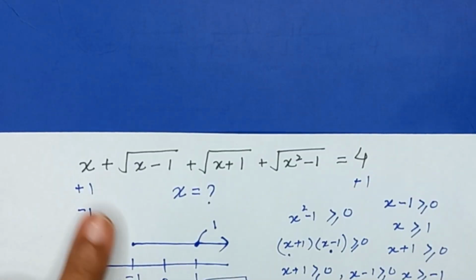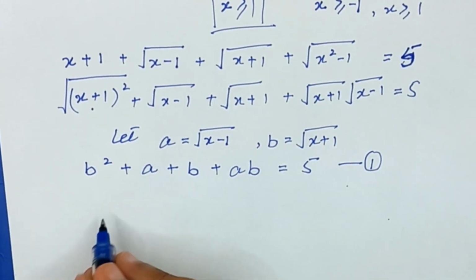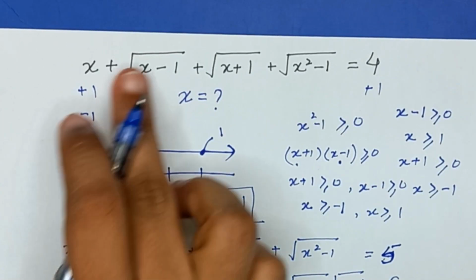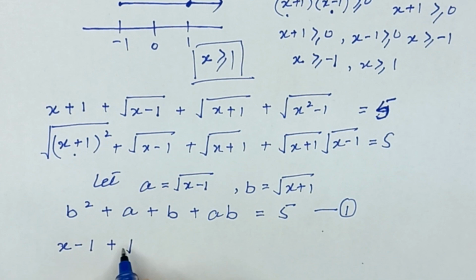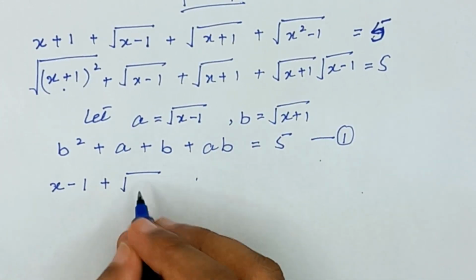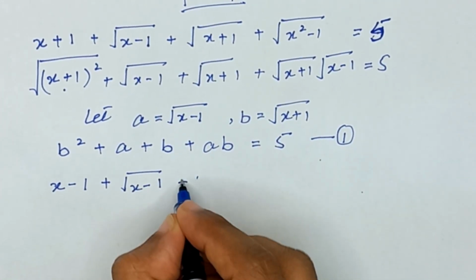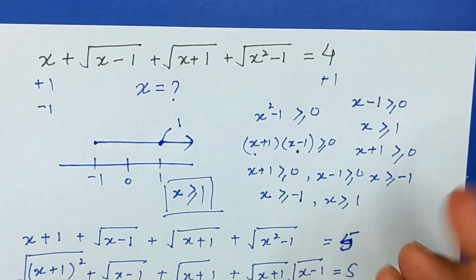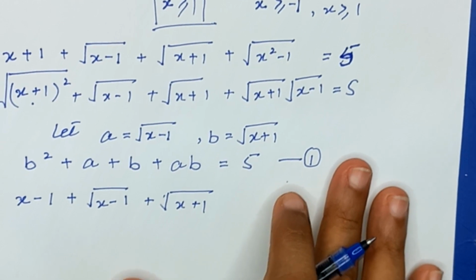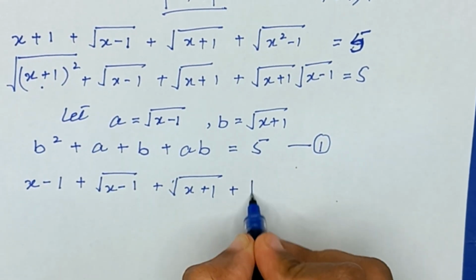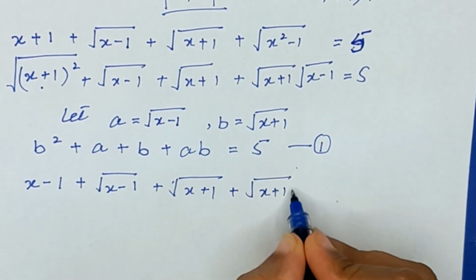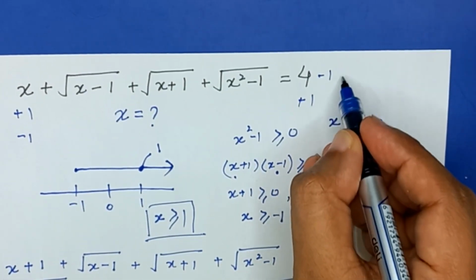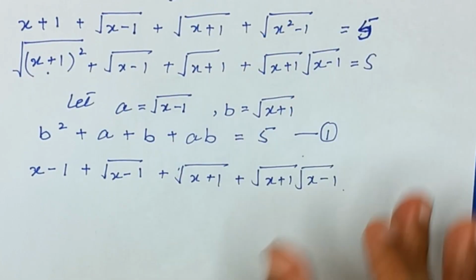So it will become x minus 1 plus square root of x minus 1 plus square root of x plus 1 plus square root of x square minus 1, which is the same as square root of x plus 1 and square root of x minus 1, and it will be equal to 4 minus 1, which is 3.